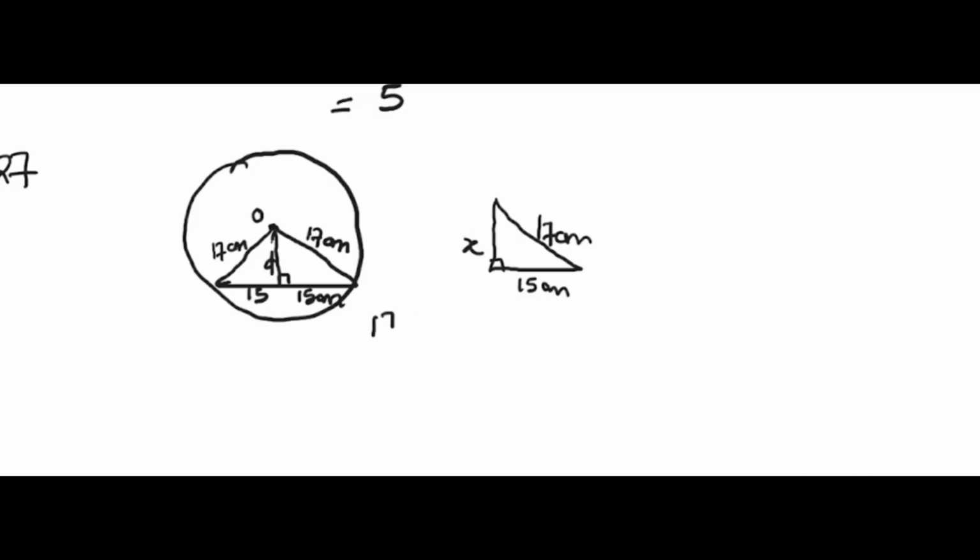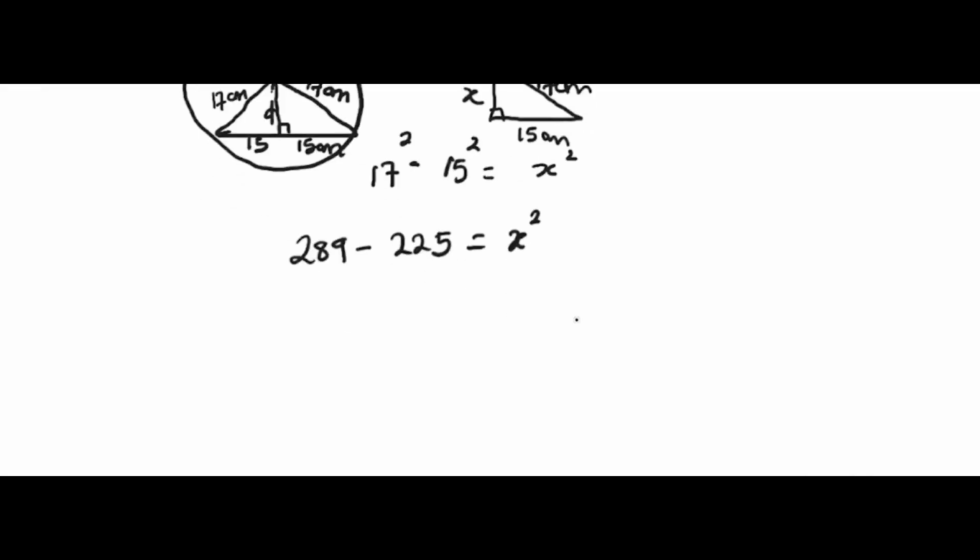Using Pythagoras rule, you have 17 squared minus 15 squared equal to x squared. 17 times 17 gives us 289, minus 225 is equal to x squared. When we subtract, 9 minus 5 gives us 4, 8 minus 2 gives us 6.